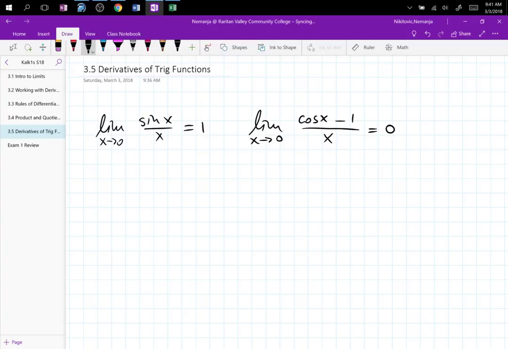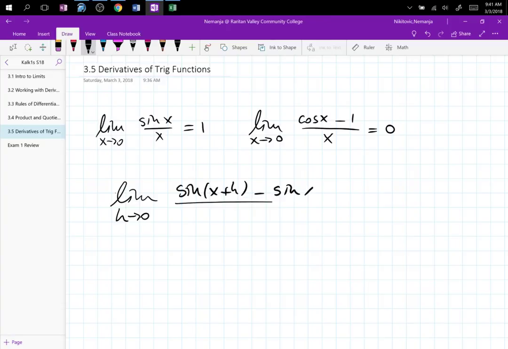So once you have this, then you can write your limit h goes to 0 of sine x plus h minus sine x divided by h.